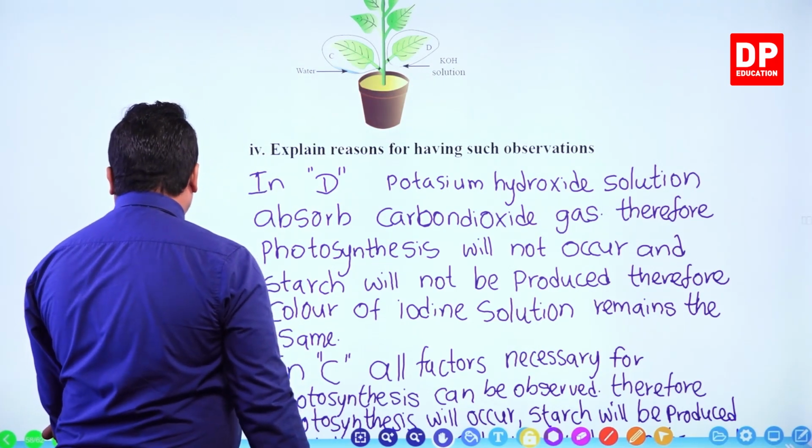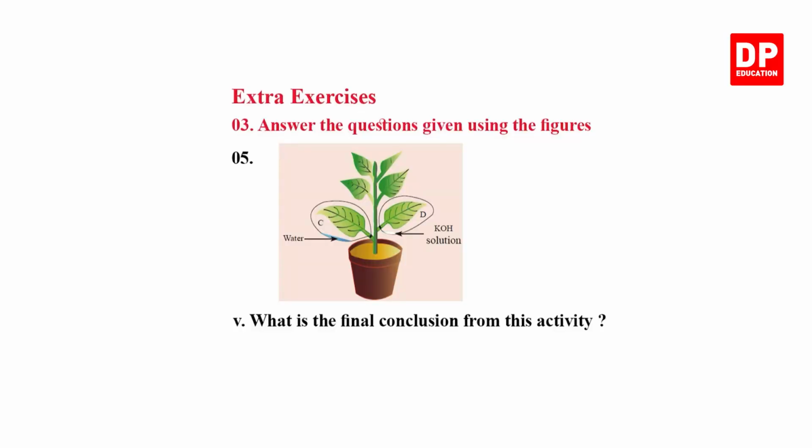So we'll move on to the next question. What is the final conclusion from this activity? From this activity, my dear children, the final conclusion that we can take is that carbon dioxide is very important for the process of photosynthesis.